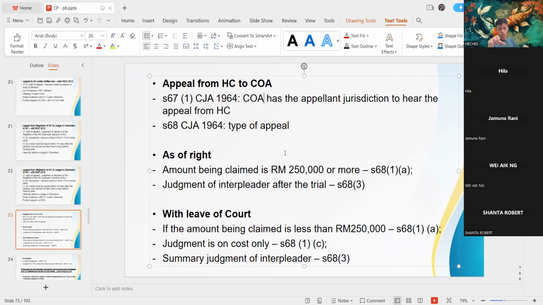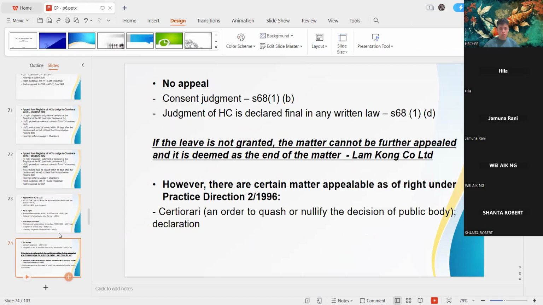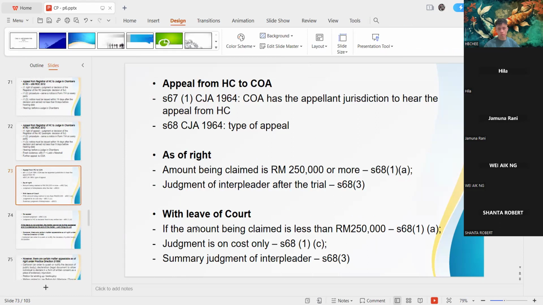If your matter falls under these 2 kinds, you can directly go for appeal without leave of court. However, if it is less than 250,000, or the judgment is based on costs or summary judgment of interpleader, you have to apply for leave of court if you want to appeal.